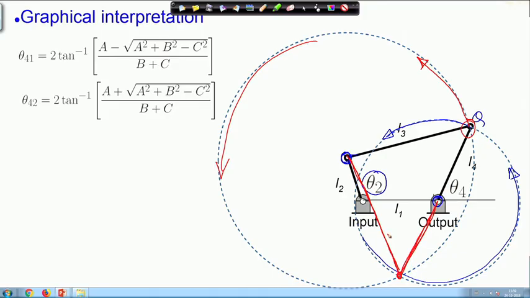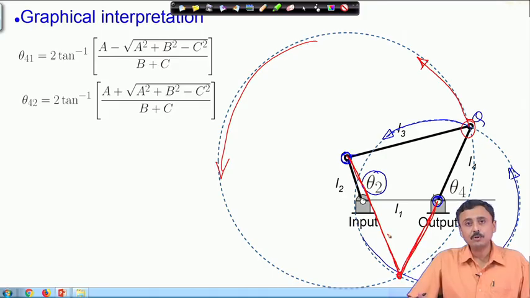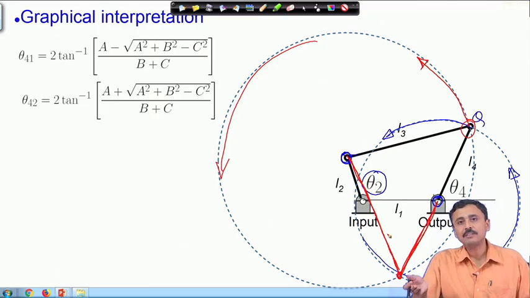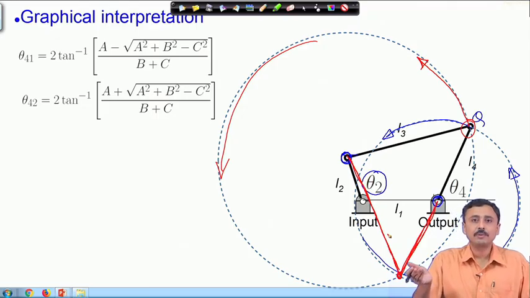So, the red configuration is one assembly mode of the mechanism, the black configuration is the other assembly mode of the mechanism. Now, if this is a Grashof chain, as we have discussed, these two assembly modes will be different. If it is a non-Grashof chain, then they are same.